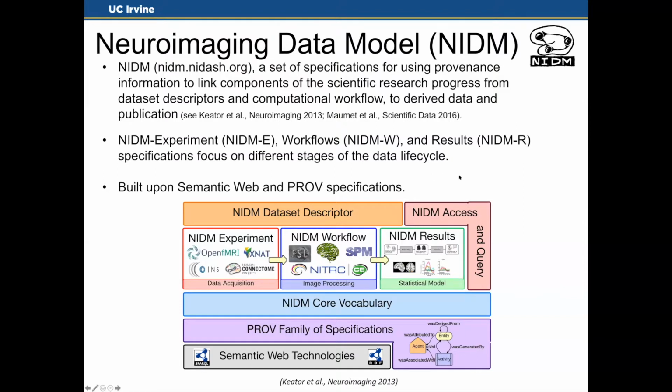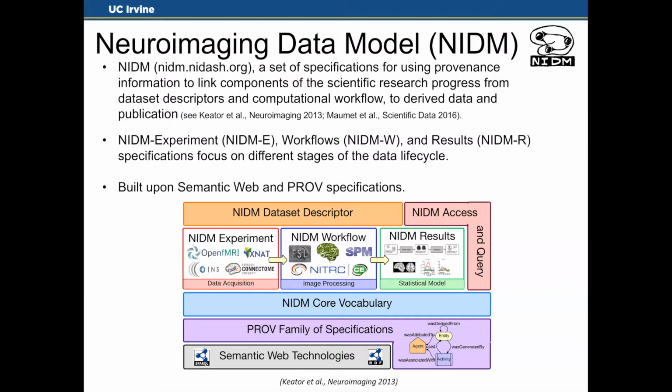I just put this slide in because Satra skipped over it, but I'm sure many of you already know a bit about what NIDM is trying to do because you've been on the calls, or in the case of SchizConnect, you're exporting some of these NIDM files now. NIDM is a linked data format for describing many aspects of the data lifecycle. That's the overall goal, and it's separated into smaller units.